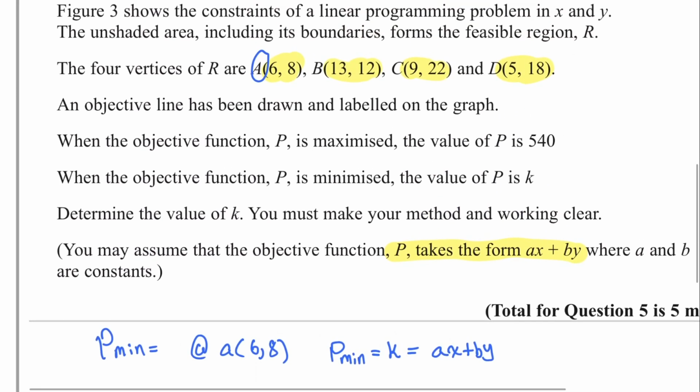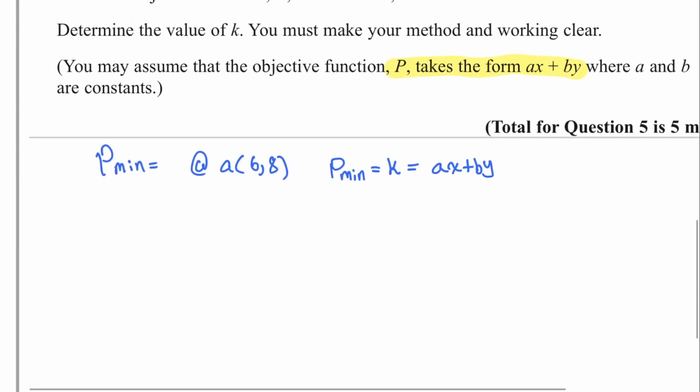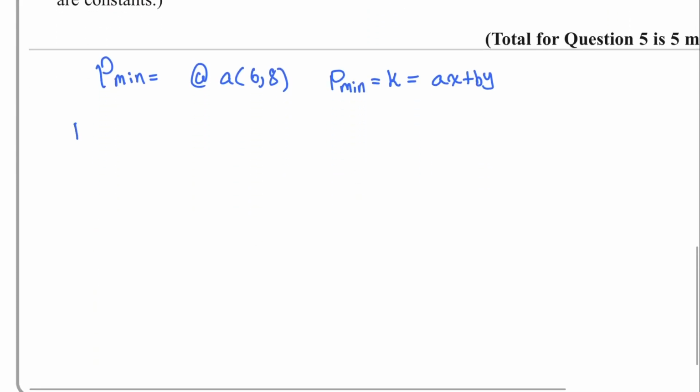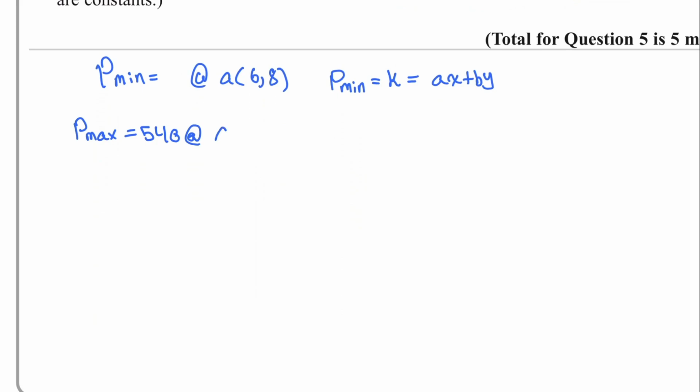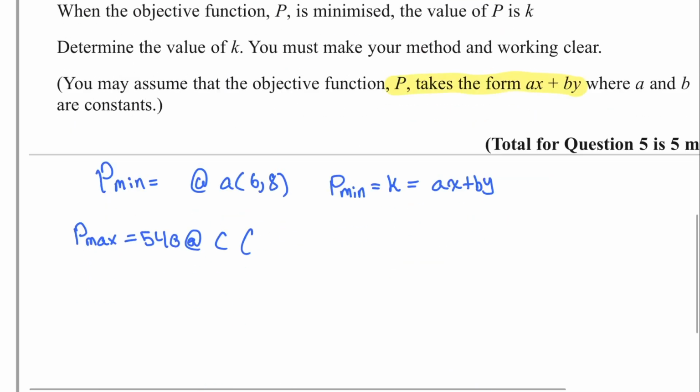The question says when P is maximized, we know that happens at C, and the value for P is going to be 540. So let's write this down. At P max, it's going to be equal to 540, and that's at C, which has coordinates 9 and 22.